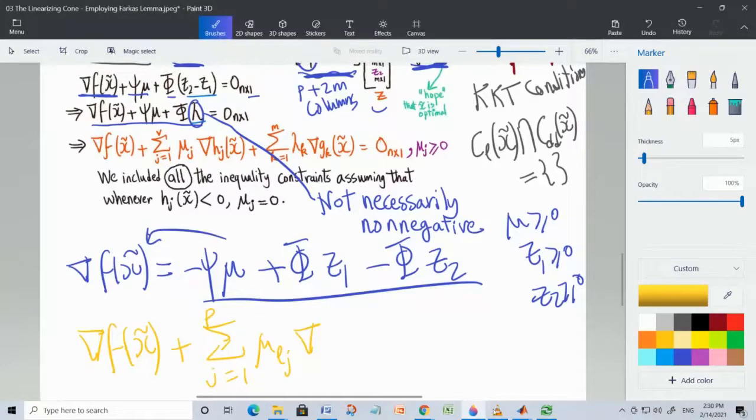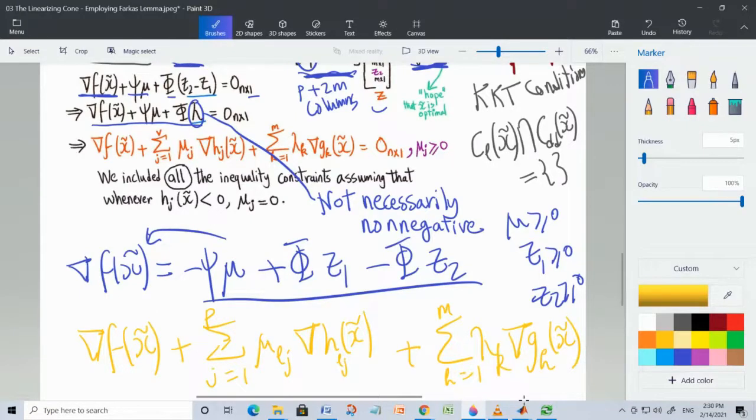So the columns of psi are basically the gradients of the h functions. So those are the ones involved in the active inequality constraints, n j at x tilde. And then we have the other ones. We have m of them, lambda k, gradient of g k at x tilde. Okay.